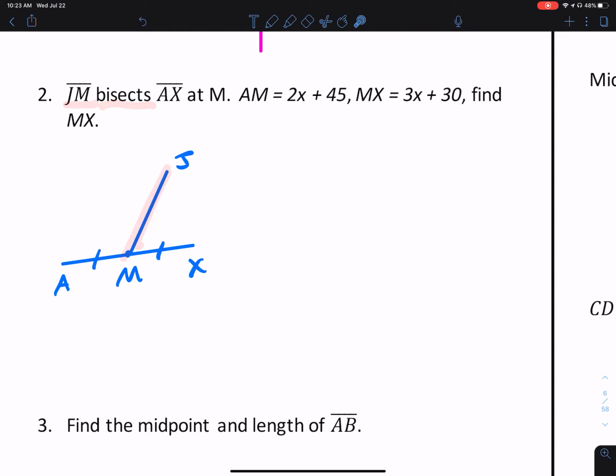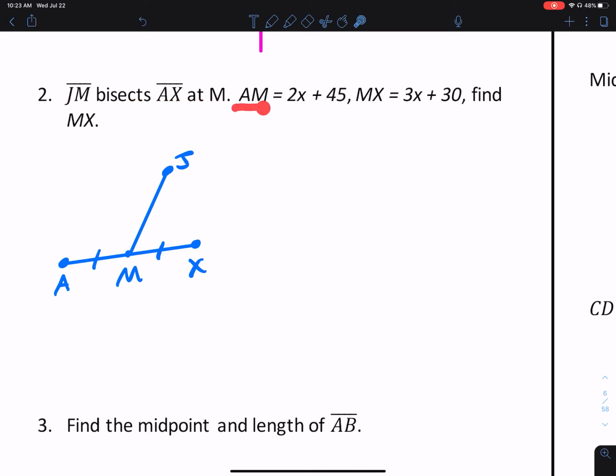Bisects, goes through the midpoint. Segment AX, here's segment AX, and it does it at point M. Boom. If you would like to put these big dots at the end of your segments, feel free to do so. It's not necessary. We now have a picture, and we were given this from this first sentence.